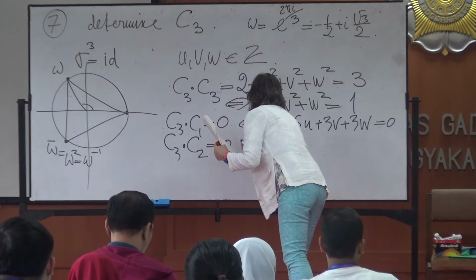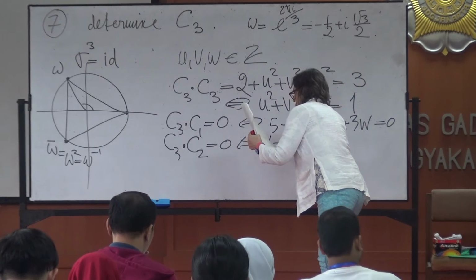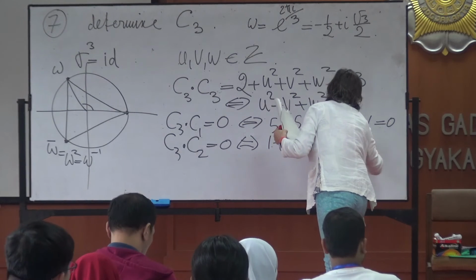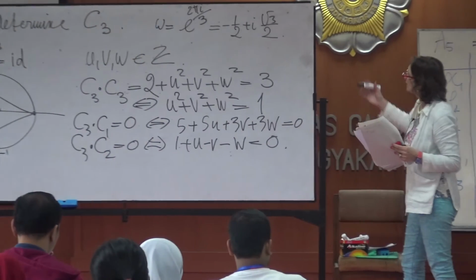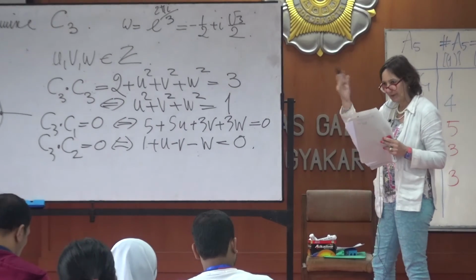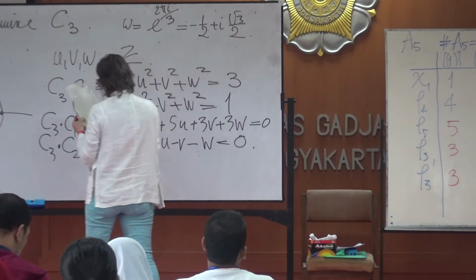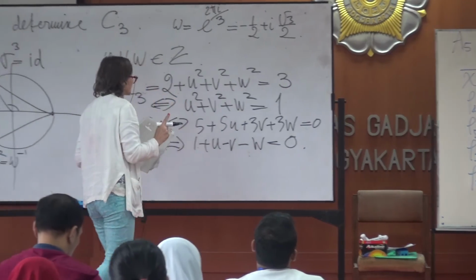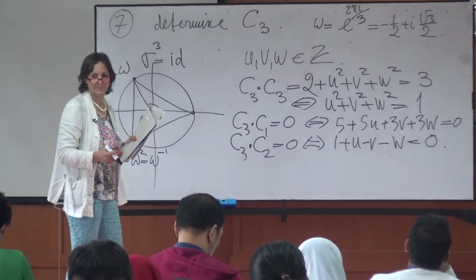And the last one tells us that 1 plus u minus v minus w is equal to 0. And in this case, if you do a little bit of case study, you obtain that, in fact, u has to be minus 1 and v and w have to be 0.